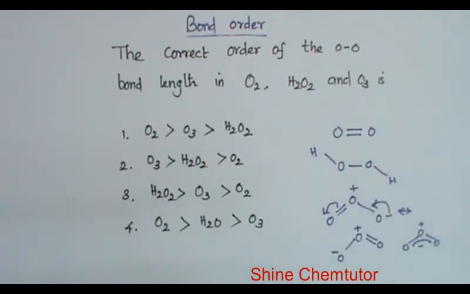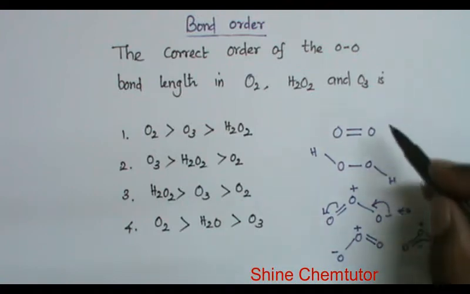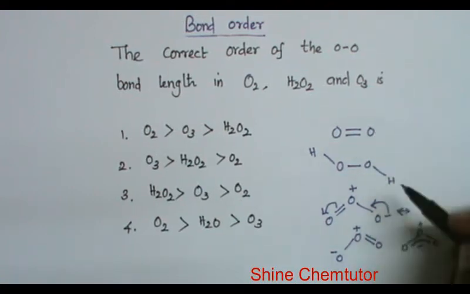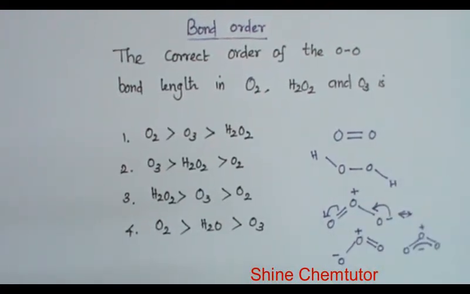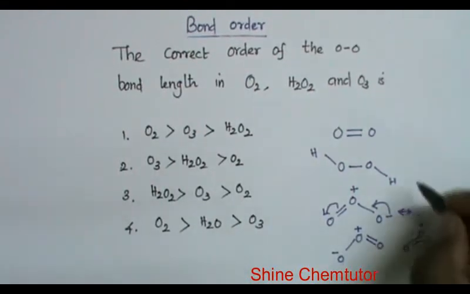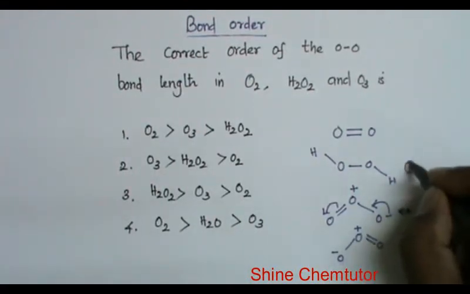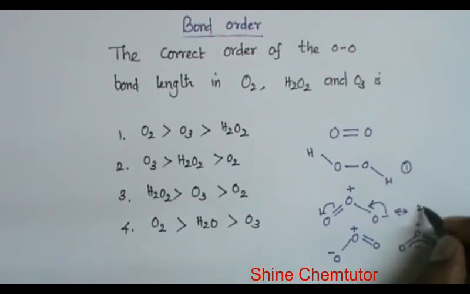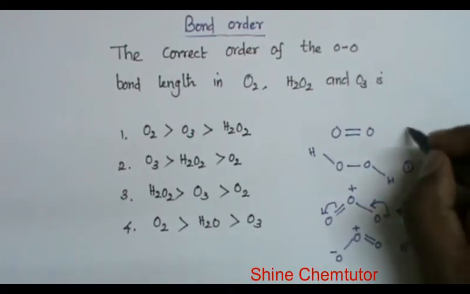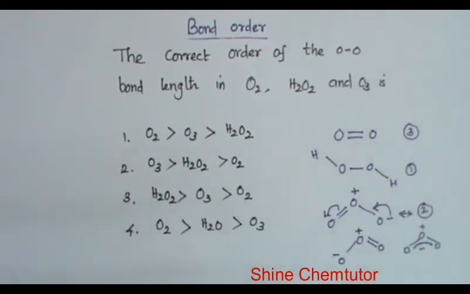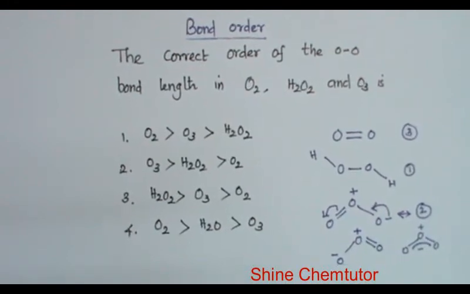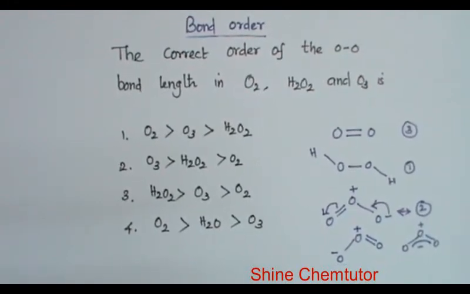The bond order is in between 1 and 2. Because of that, the bond length should be in between oxygen and hydrogen peroxide. So the bond length will be maximum for H2O2. After that, we have ozone. Finally, we have oxygen. Oxygen molecule has the shortest bond length among these 3 compounds.